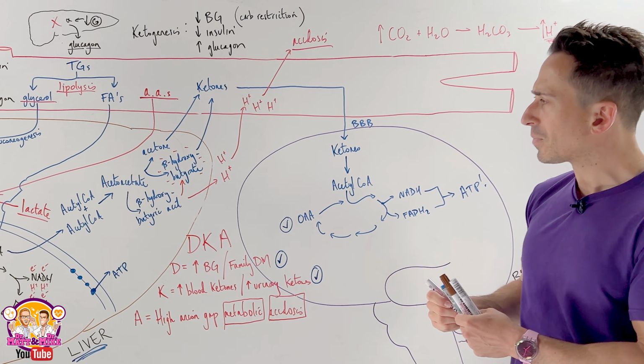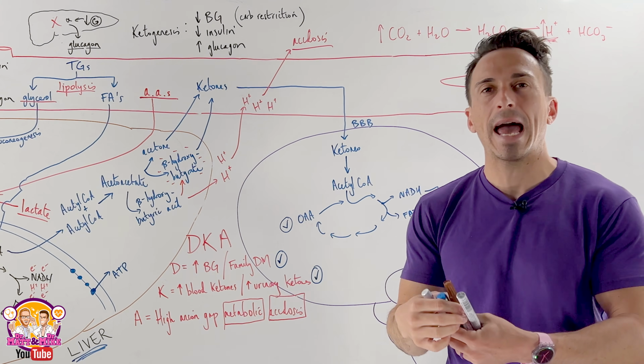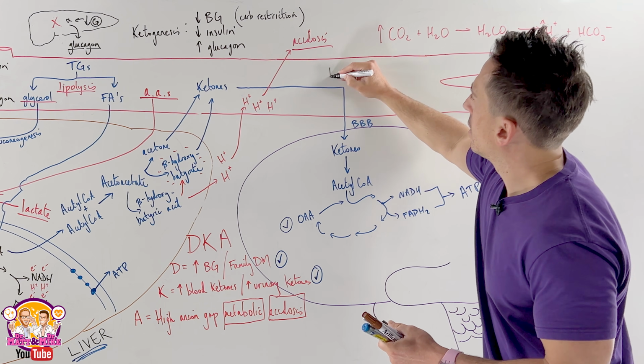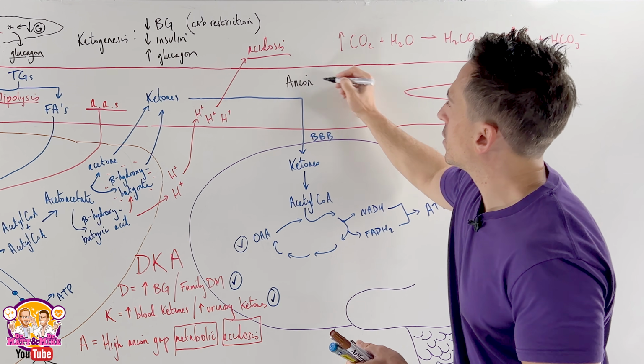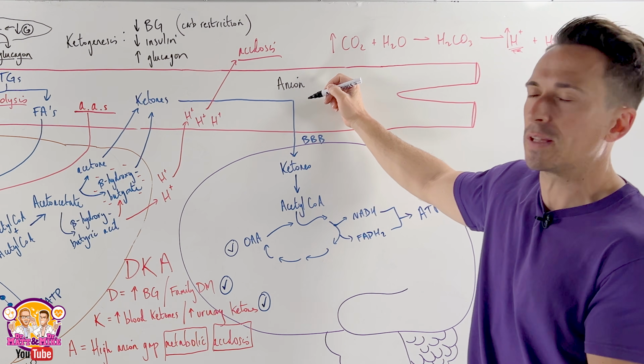All right. Anytime you produce acid, there is this thing called the anion gap that can be calculated. Remember, you've got cations, which are positively charged things, and anions, which are negatively charged things.